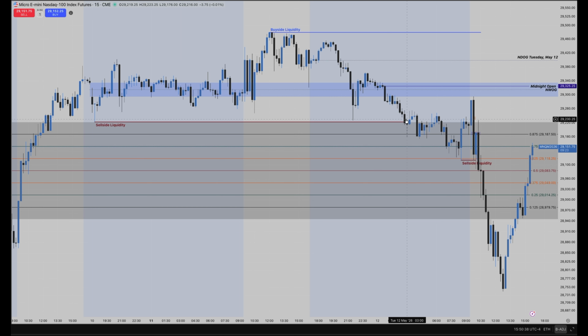They broke lower and took out the sell side right during the London session, dug into that daily inefficiency, which is annotated here in the gray. And these are the gradient levels that I've broken the inefficiency into. So you can see that the bodies were using that upper quadrant, just laying on top of it.